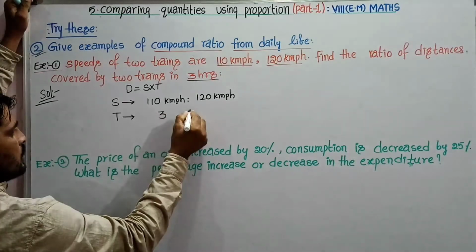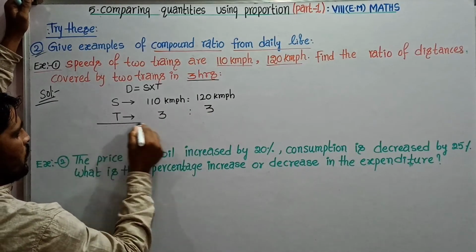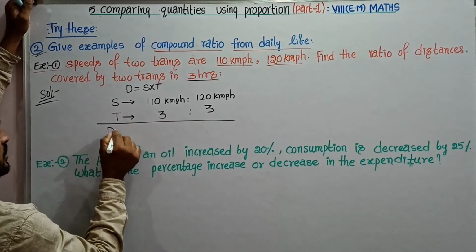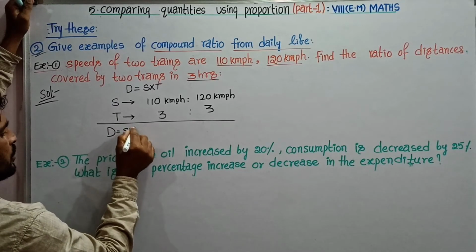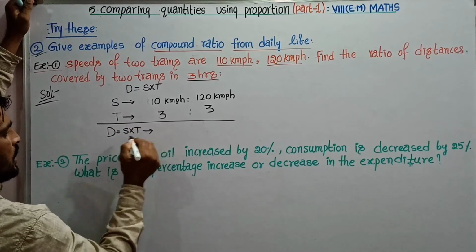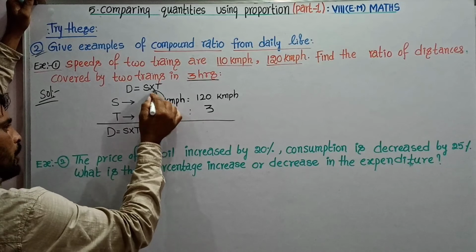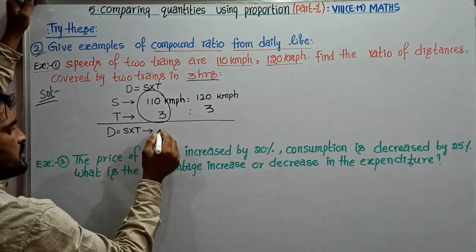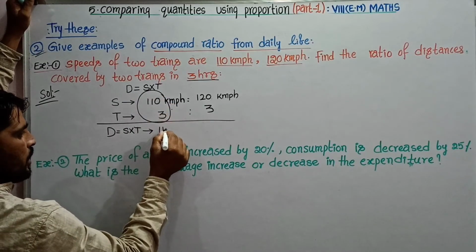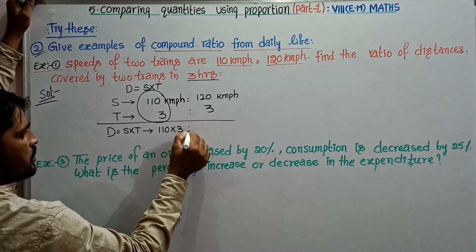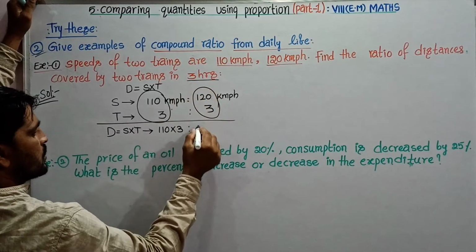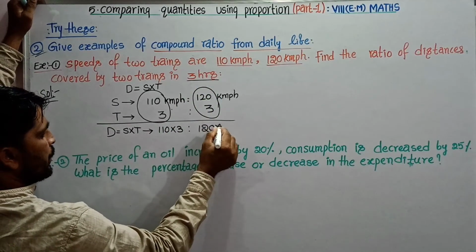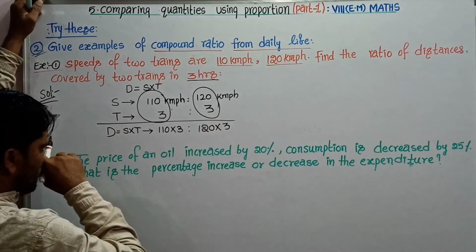So time is 3 hours. So we have to find distance. Distance is given by the product of speed and time. That is product of antecedents 110 into 3 is to product of consequents 120 into 3.